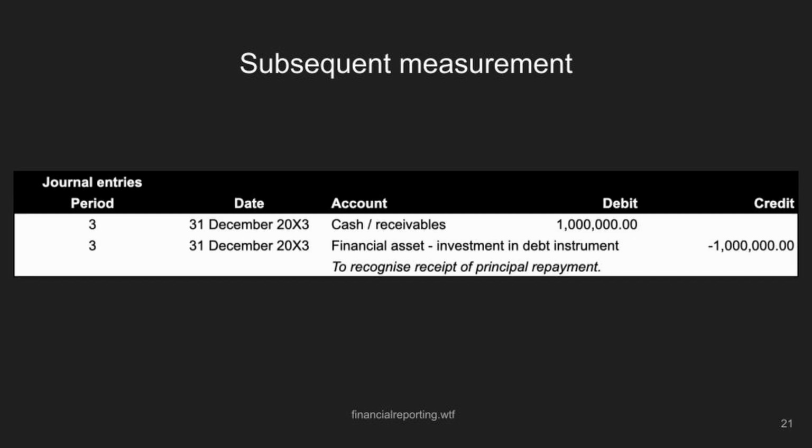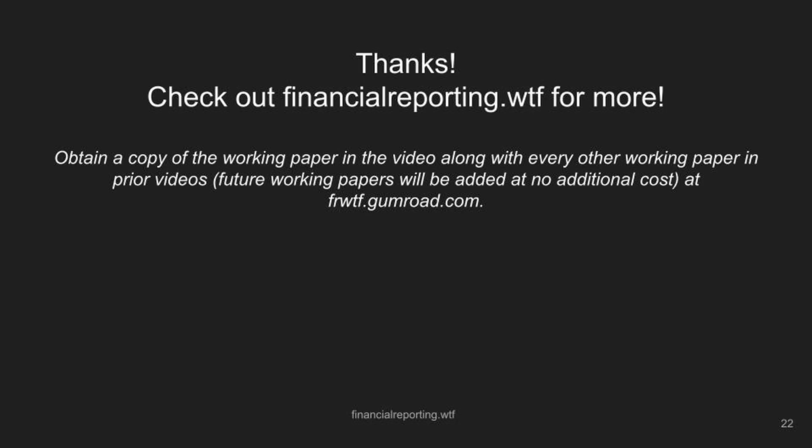For the principal repayment, cash or receivables is debited, with the other side crediting the financial asset at its cost value, i.e., not including the capitalized transaction costs. As mentioned prior, these transaction costs were amortized over each year. And with that, we have appropriately accounted for a financial asset at amortized cost under IFRS 9 financial instruments.